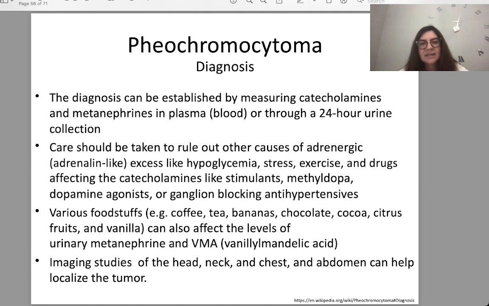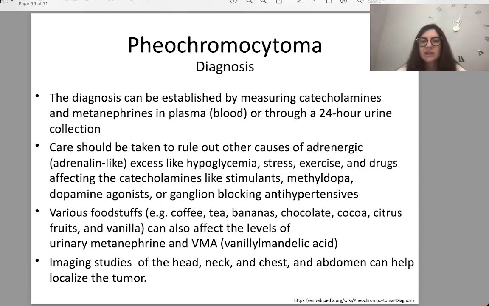The diagnosis can be established by measuring catecholamines and metanephrines in plasma, or through a 24-hour urine collection. Care should be taken to rule out other causes of adrenergic, adrenaline-like excess, like hypoglycemia, stress, exercise, and drugs affecting the catecholamines like stimulants, methyldopa, dopamine agonists, or ganglion-blocker antihypertensives.